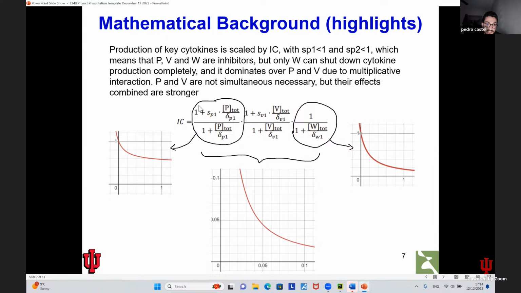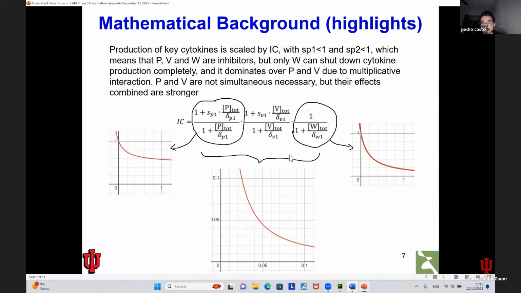So take this first term here: 1 plus a constant times P divided by 1 plus P. This function goes from 1 to SP1, this constant. And this constant is lower than 1, which means that as P increases, IC decreases until SP1. The same as the graph I'm showing here on the left.